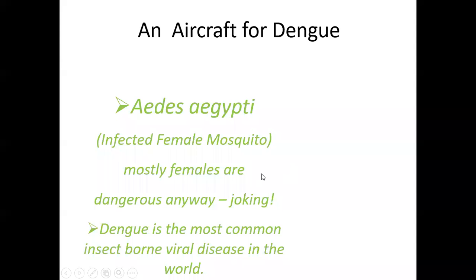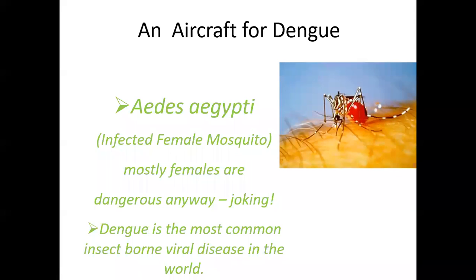This one is the fact. And dengue is the most common insect-borne viral disease in the world. Remember, dengue is the most common insect-borne viral disease. I am discussing the viral diseases, so among the viral diseases, dengue is the most common insect-borne disease in the world.